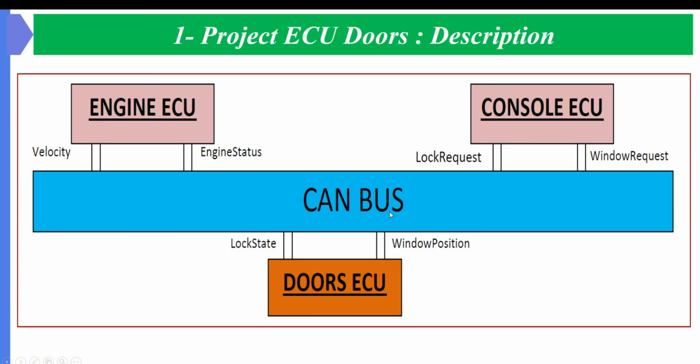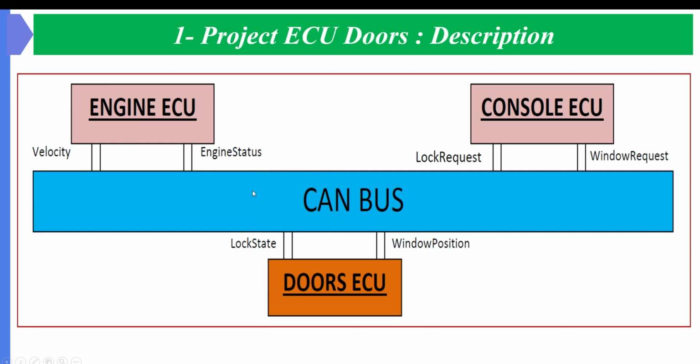The way of this communication will be clear in the requirements. Keep in mind first just the form of how the communication should be done. When and how the engine ECU should send the velocity and the engine status, we will discover in the requirement definition. Keep in mind just this format for now.